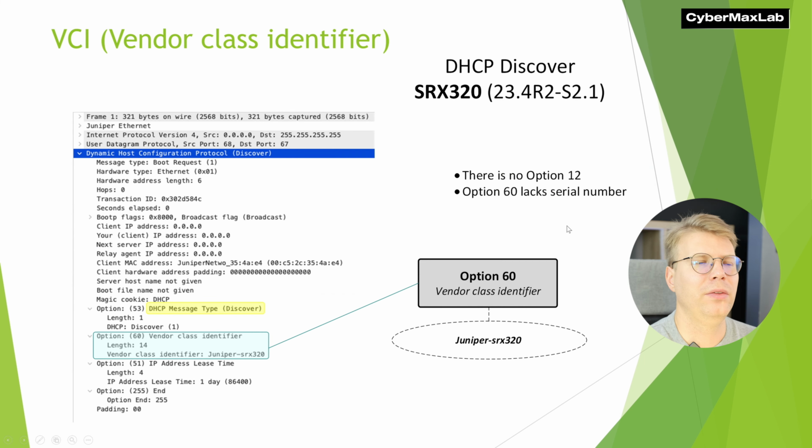Okay, and then there is another example, an SRX 320 discover message for 23.4R2S2. Again, you will need to double check either documentation or do a test to make sure what your device is sending. Because in this case, you can see option 12 is not being sent. Option 60 is being sent just as Juniper SRX 320. It does not add a serial number in the end.